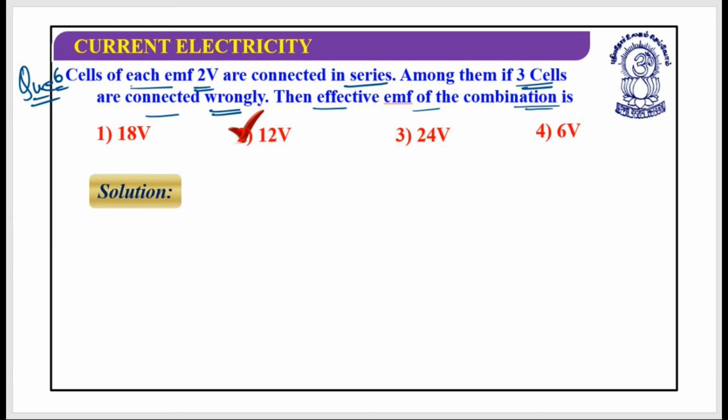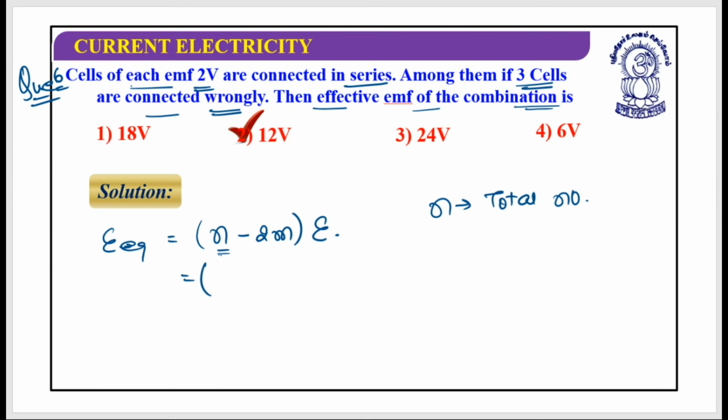When we connect cells wrongly, E equivalent equals N minus 2M multiplied by E, where N is the total number of cells and M is the wrongly connected cells.